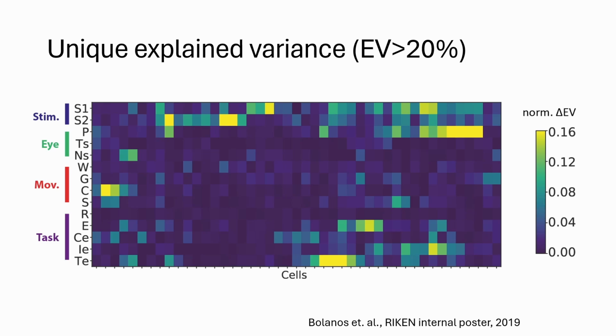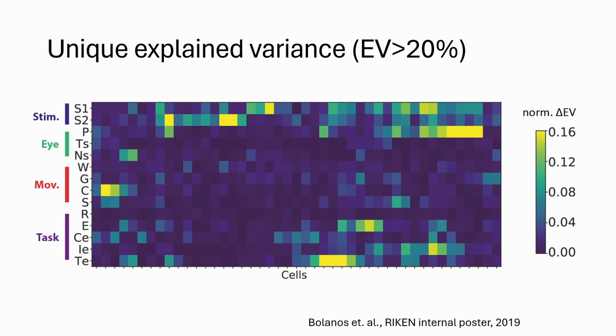That means that even if I have the feature for when I give the little drop of water, the performance of the model might still get help from the pupil, even if I remove the water reward. And so that's what unique explained variance is trying to do. It's trying to find how much of the explained variance can only possibly be attributed to a specific feature.